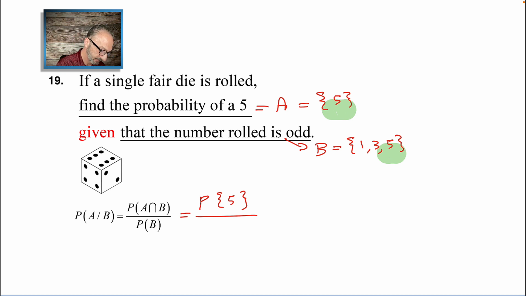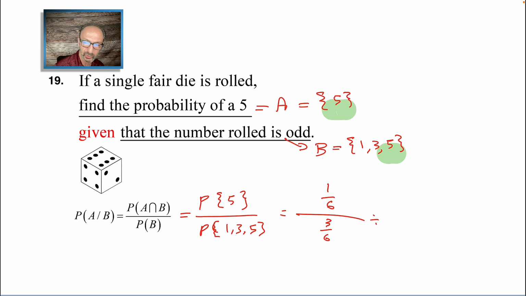P of B is odd numbers, getting the numbers 1 and 3 and 5. The probability of getting 5 is 1 out of 6. And the probability of getting odd numbers is 3 out of 6.